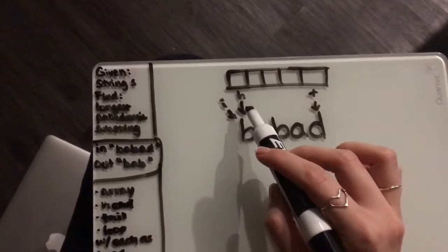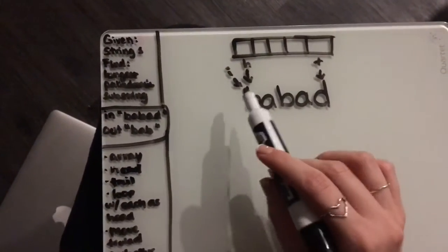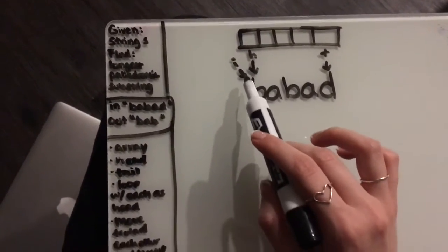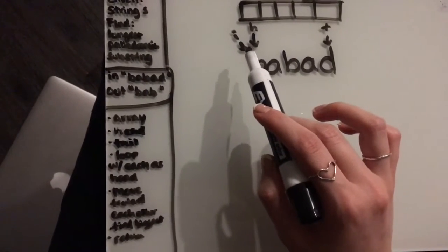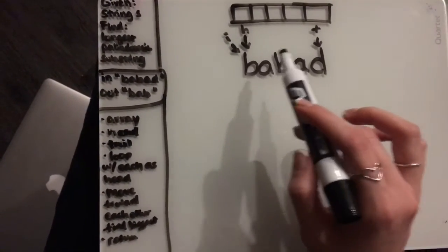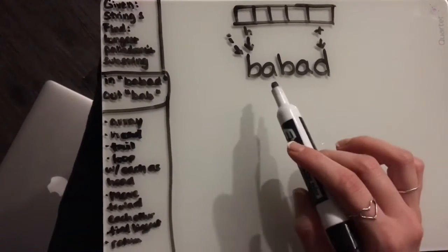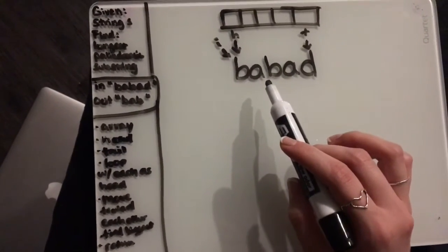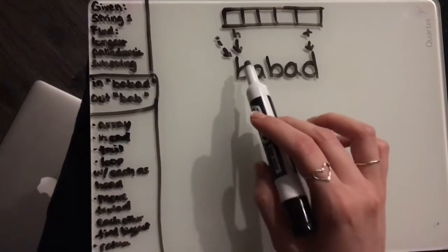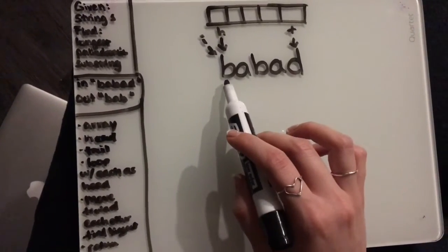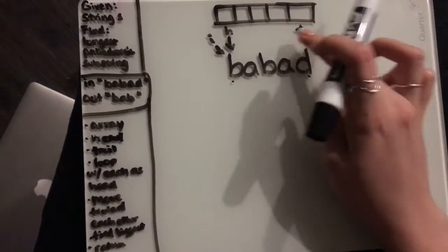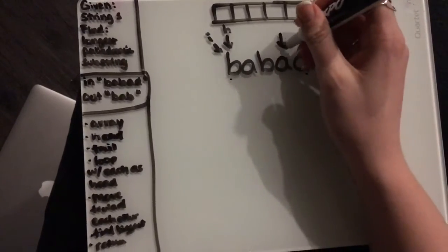having a head pointer and a tail pointer, and this is for our index, and we'll loop through each letter as the beginning. So let me show you. So head, we check if head is equal to tail. It's not. Move here.